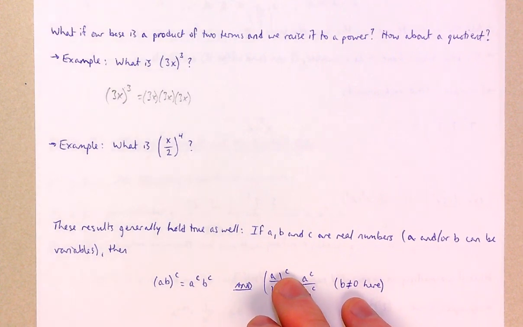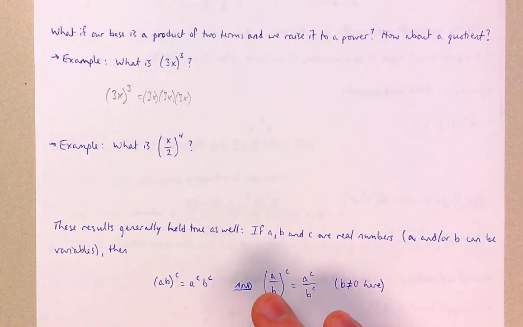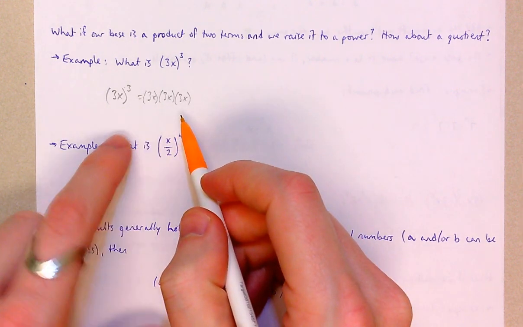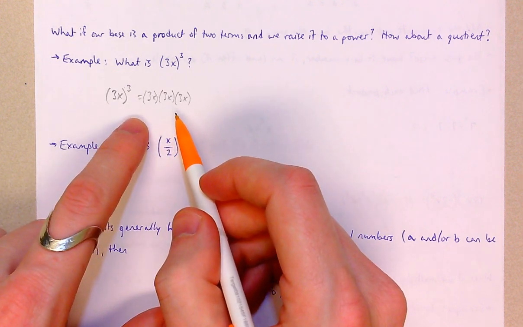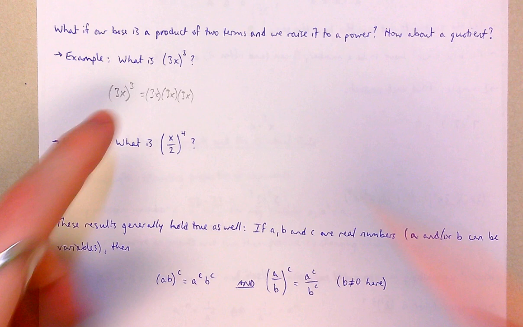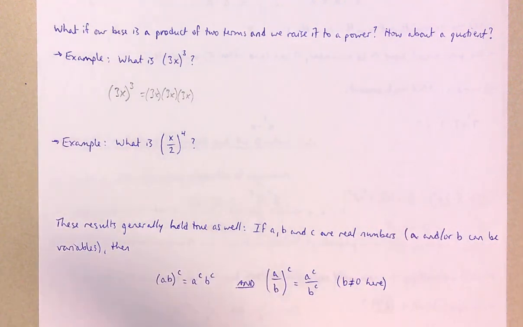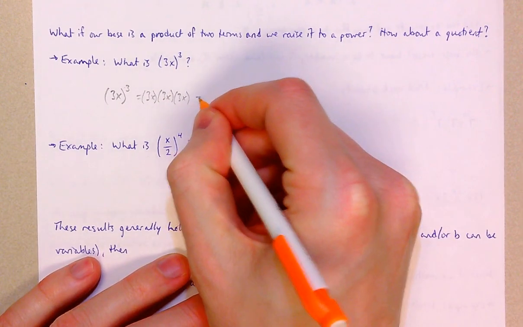And we said from our previous video that we would multiply the coefficients and we'd multiply the variables. We know that the order in which we list terms when we multiply does not matter. So I can move the terms so that I have all the 3's next to each other and I multiply them, and then I have all the x's next to each other and I multiply them.